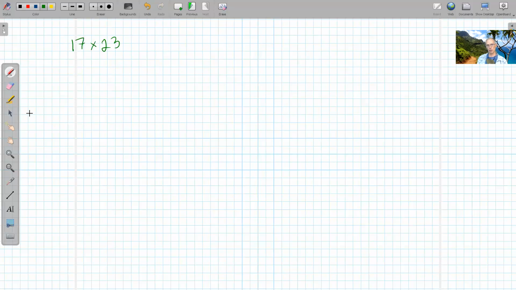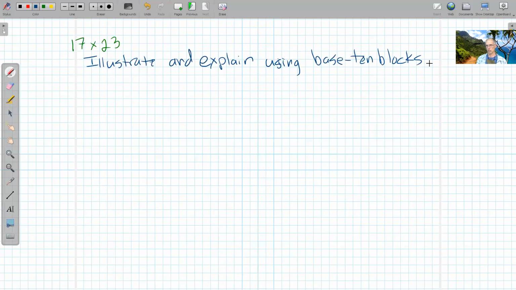And here's what I would like you to do with this particular problem. I would like you to illustrate, meaning draw a picture, and explain with some words, using base 10 blocks and the area model, which could be the array model, depending on how you look at it.